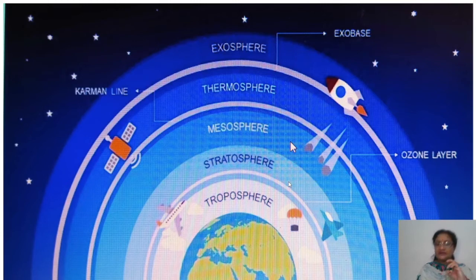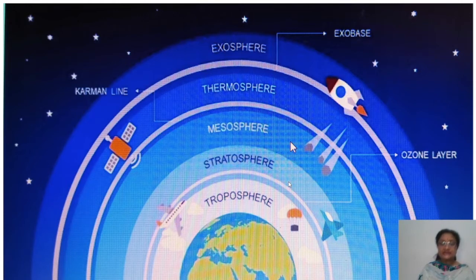It protects us from the harmful ultraviolet radiation which is a part of solar radiation. If the ultraviolet rays reach the Earth's surface, it is going to be very dangerous for us, and it will cause several diseases to develop, and then life will be totally in danger.